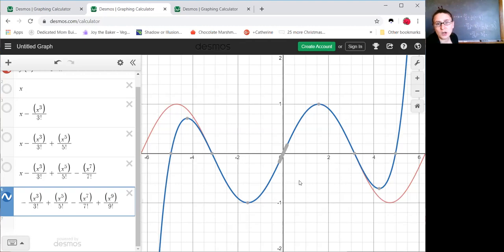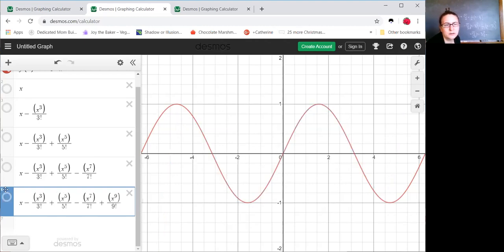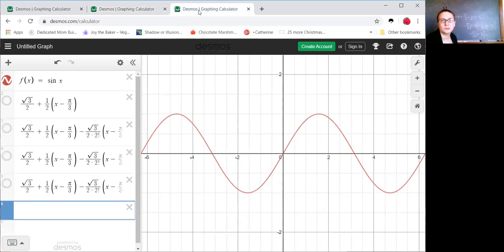Well, as you saw over here for the Maclaurin series, where we're expanding around x equals 0, this one starts out even with a few terms as a very good approximation around x equals 0. Now, if instead I look at this mess, it's not a very good approximation at x equals 0. Look at the first term.